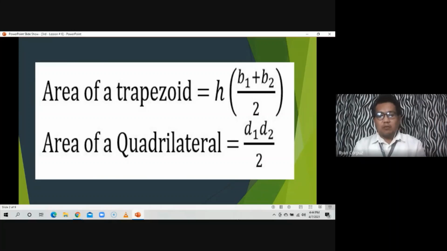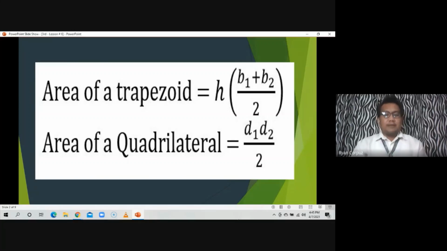What is h that we are pertaining to there? H is the height of the trapezoid. And we made mention in our last lesson that the height of the trapezoid is also known as the altitude of the trapezoid. And bases, we know already B sub 1 and B sub 2, those are the bases of the trapezoid. Then simply divide it by 2, then multiply it by the height, then you come up with the area of the trapezoid.